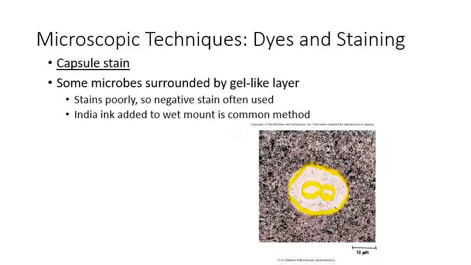So capsules are really important structures to help bacteria adhere to surfaces and also to protect them from being eaten by white blood cells, for example. So if we want to visualize that capsule, we often have to use a negative stain in order to actually see the capsule around the outside of the cells. So that's the capsular stain.